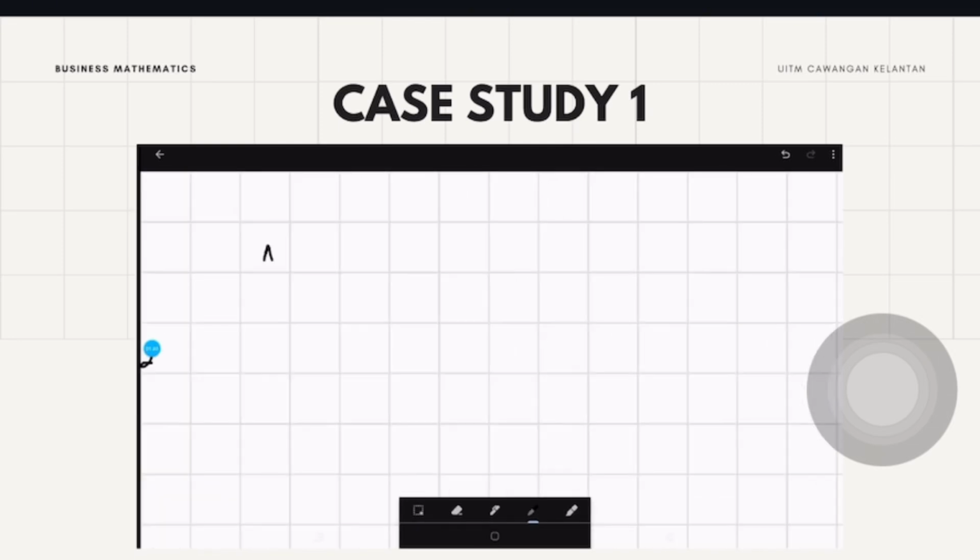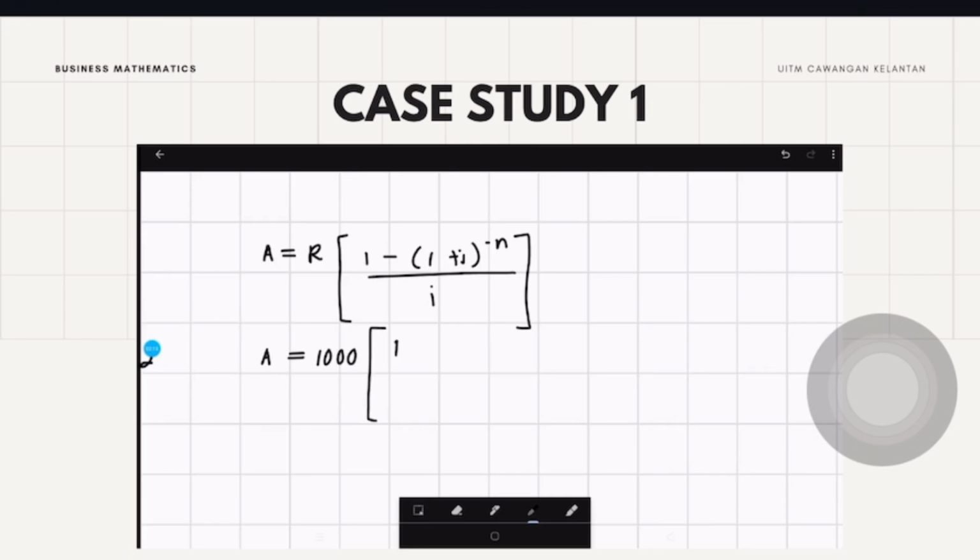This is the formula that we are going to use: R[(1 - (1 + i)^-n) / i]. As you can see, I am filling in all the blank spots in the equation.